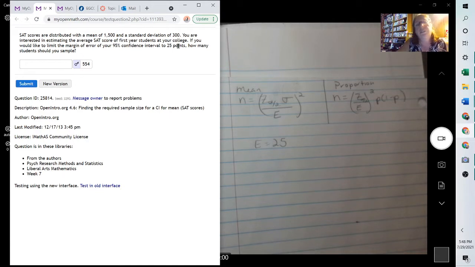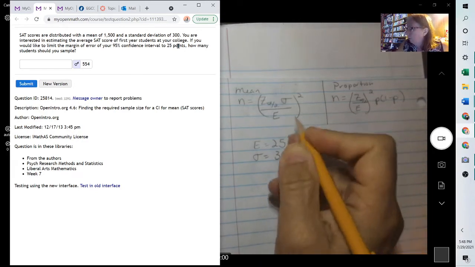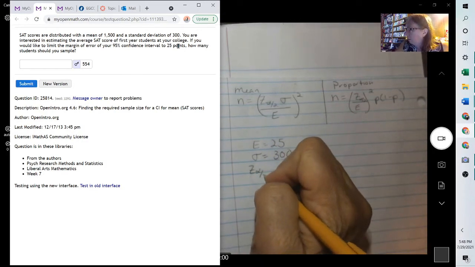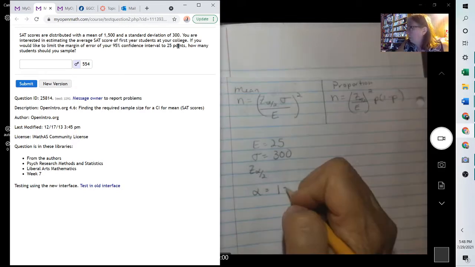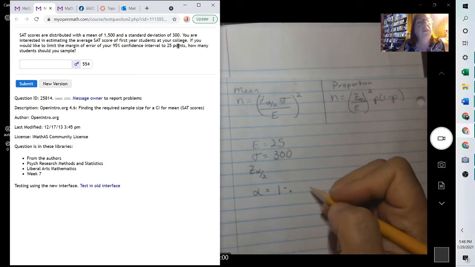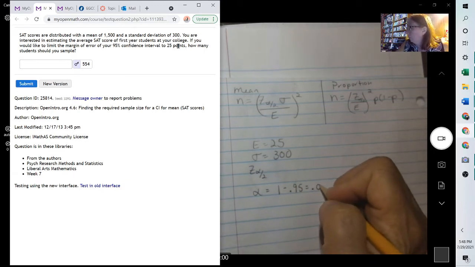We know our standard deviation is 300. We need Z. Now, alpha is 1 minus the confidence level, and we want 95%, so alpha is 0.05.